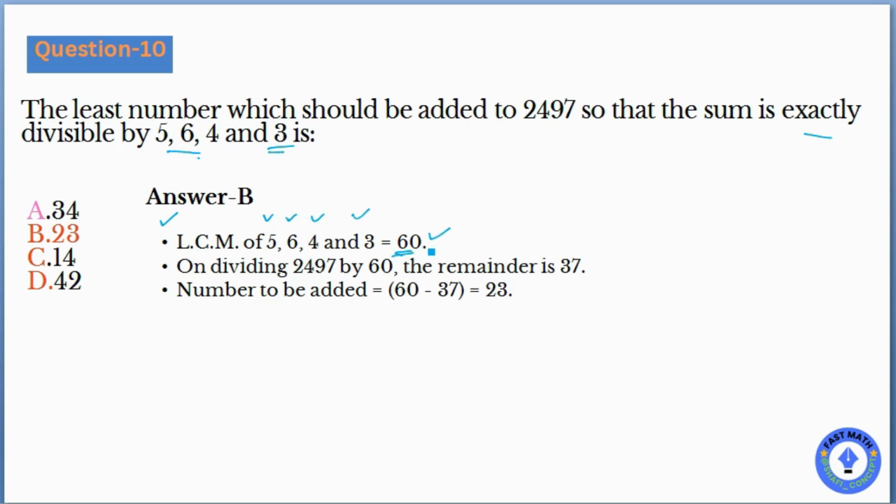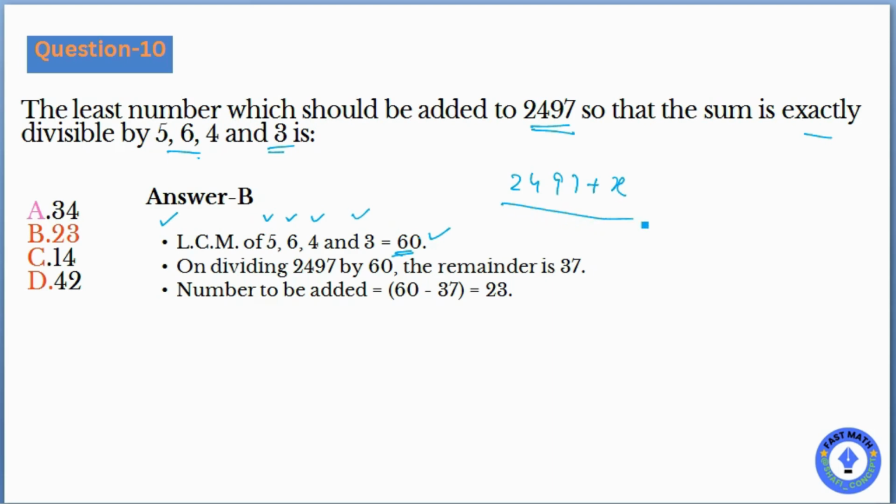How to do the LCM was already discussed in the first problem. The problem is asking for the least number which should be added. That means when you add some number x to 2497, the result 2497 plus x is divided by 60, and the remainder should be 0. That means there should not be any remainder.